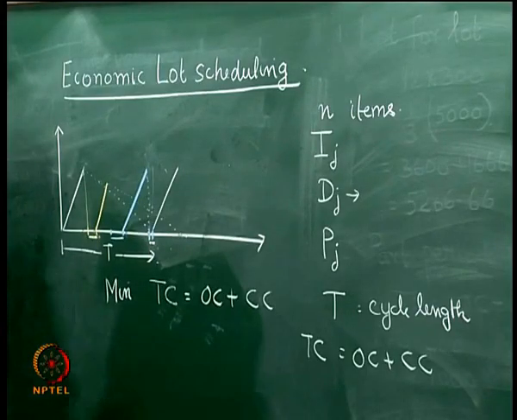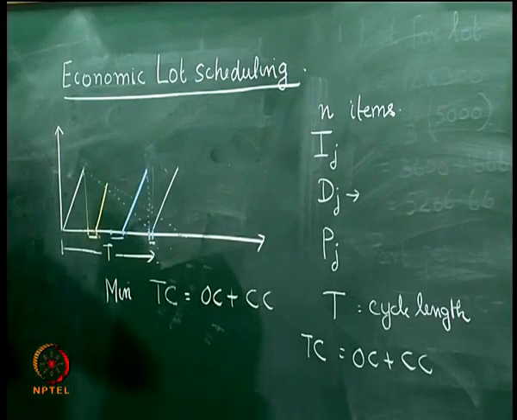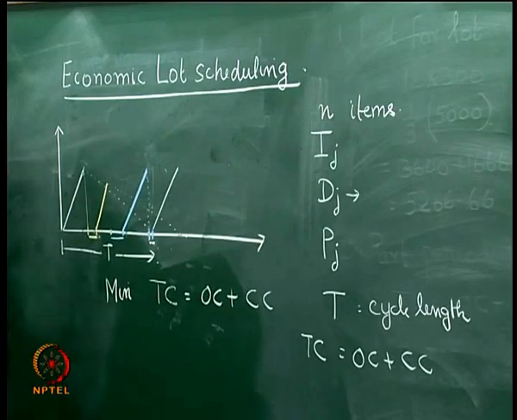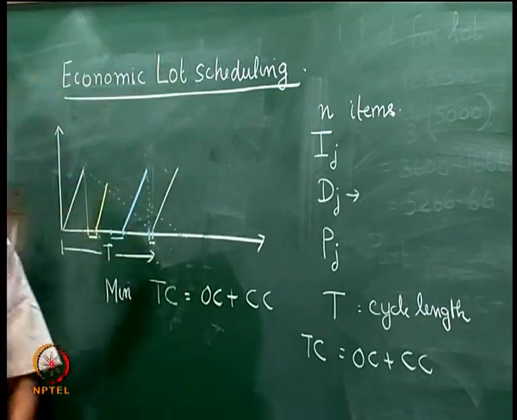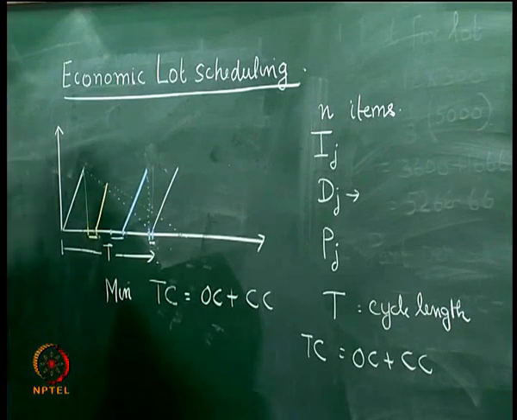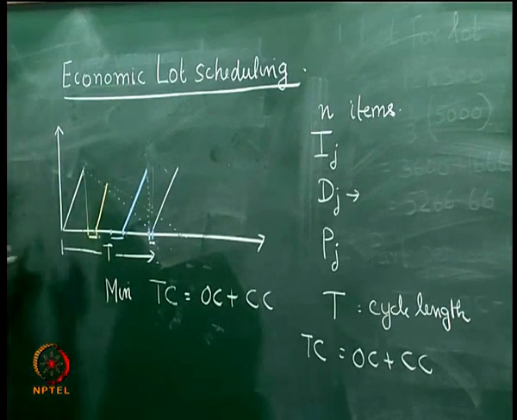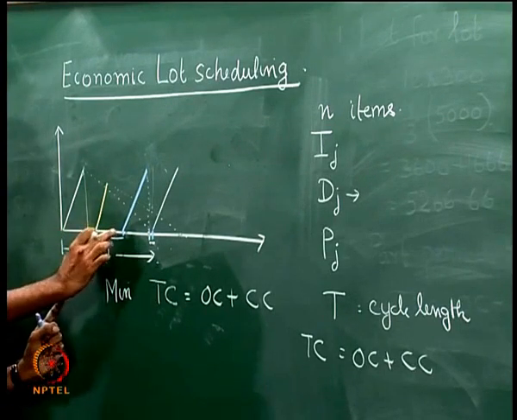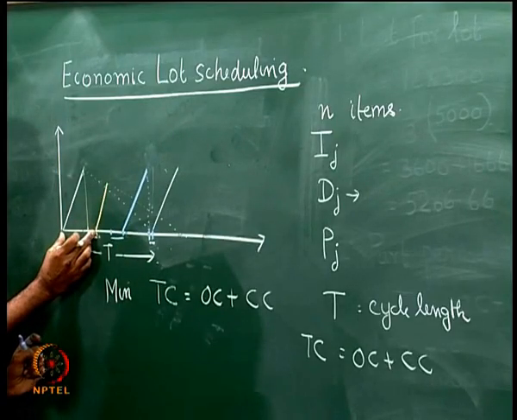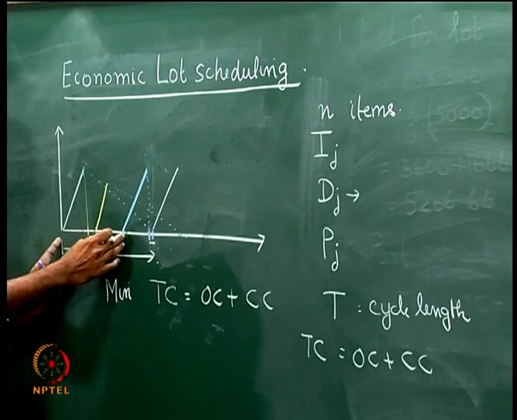One way of looking at the economic lot scheduling problem is we are looking at it at some kind of real time which can start from any point, and there is sufficient inventory to meet the demand of yellow for this period and the demand of blue for this period.